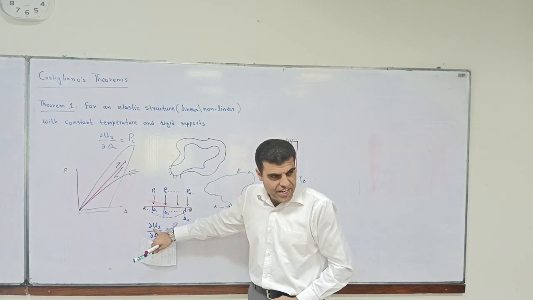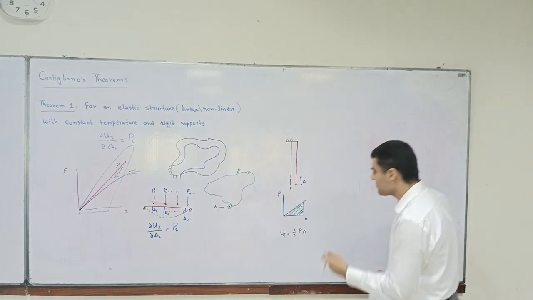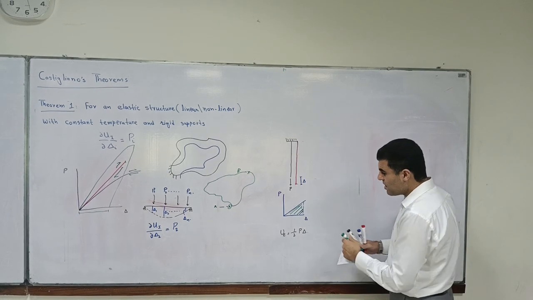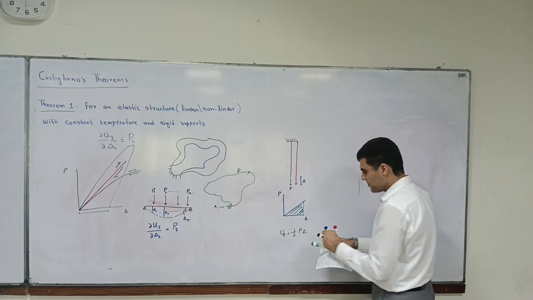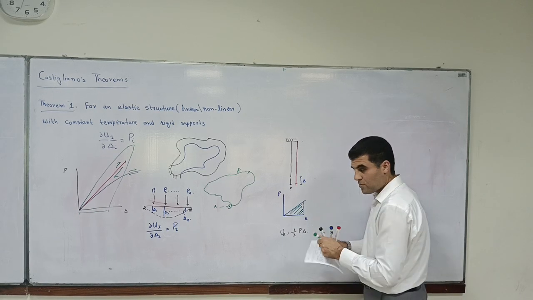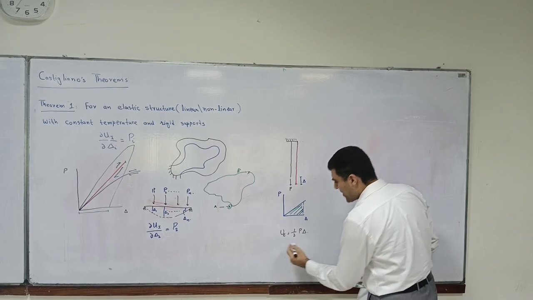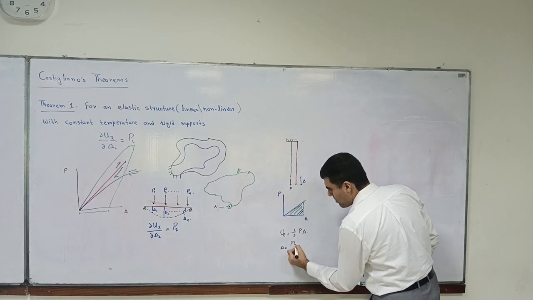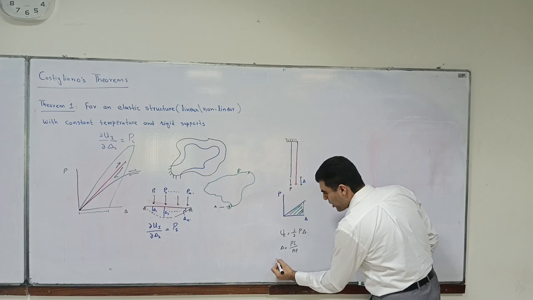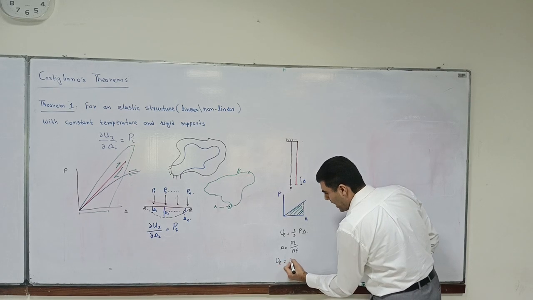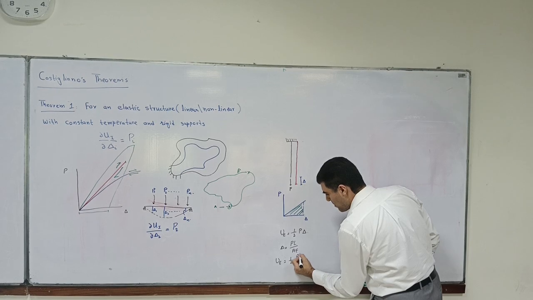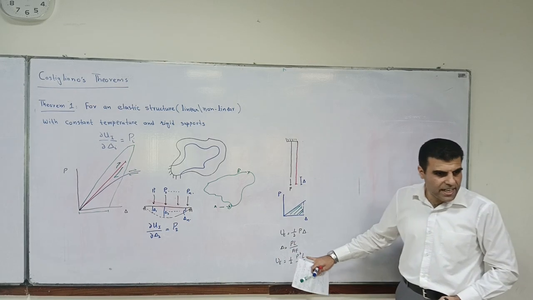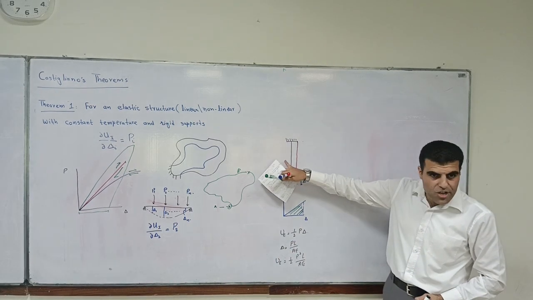Now this is for the axial case, and we know that delta is equal to PL over AE. So U, the energy, is half P square L over AE. This is your internal energy equation for the axially loaded bar.